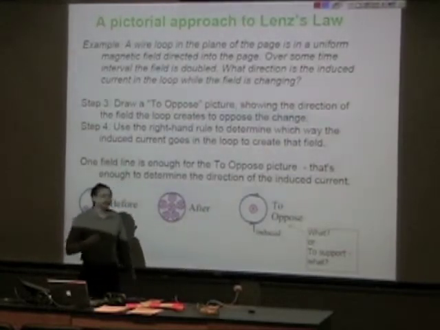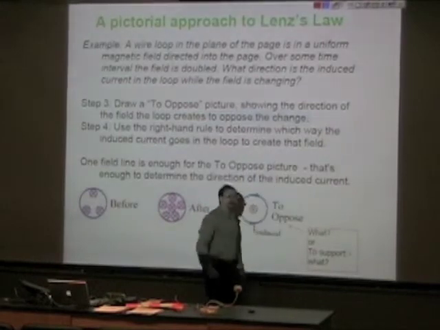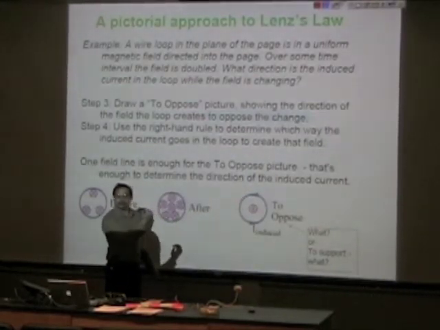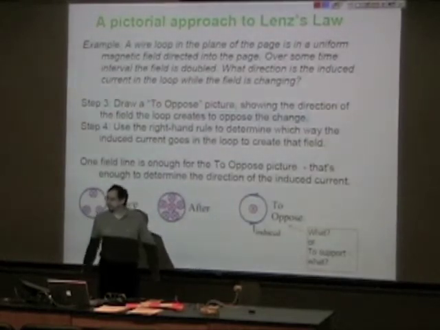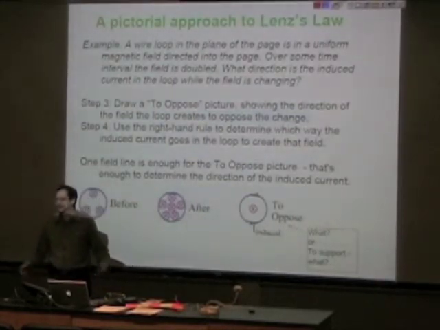And if we had a multimeter connected to this loop, the induced current is counterclockwise, our multimeter deflects to the right. Not the whole multimeter, only its arm deflects to the right. That's how the pictorial method works. Any questions?